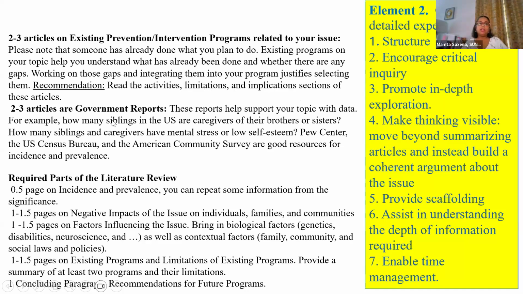And then, of course, I make them read government reports as well. And then they have to decide the venue of their intervention program. If the venue is going to be Oswego or Onondaga County or Central New York, or for that matter even New York, they have to get some local reports from the government. And then I give them what I want, like 0.5 pages of this, 1.5 pages of this.